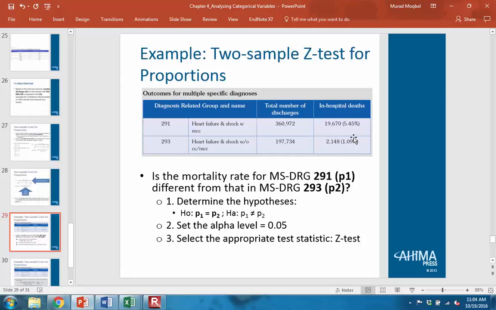As you can see here, we have the proportion for sample A and the proportion for sample B, and we have the sample size for proportion A and proportion B.